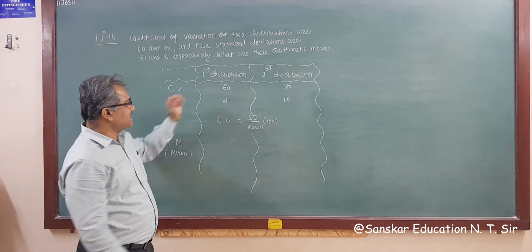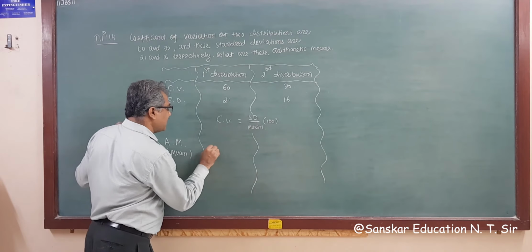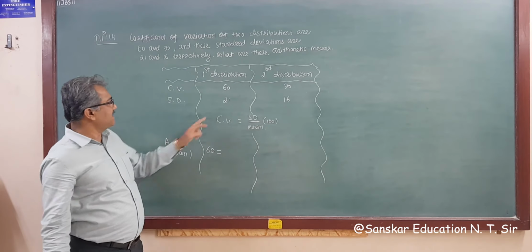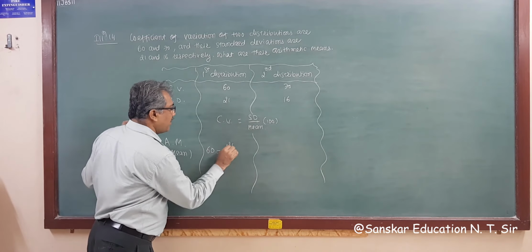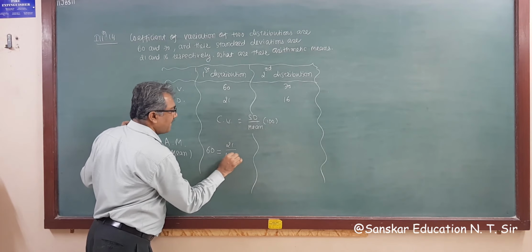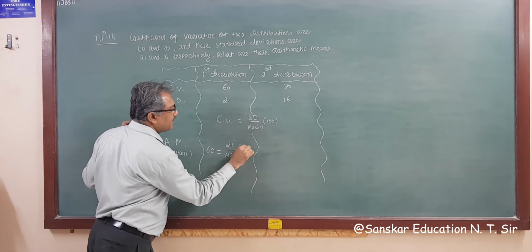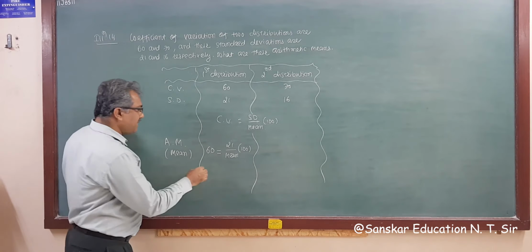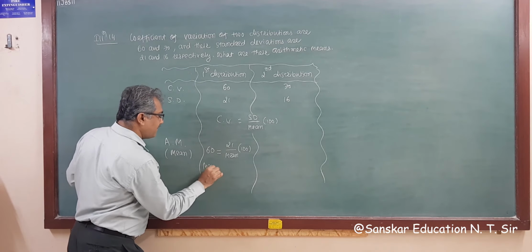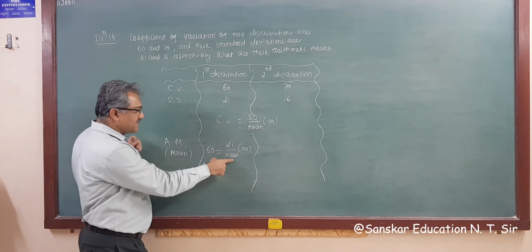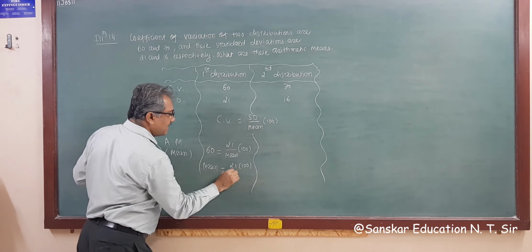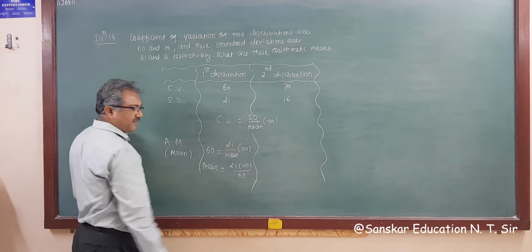Now CV for the first is 60. So 60 is equal to standard deviation 21 upon mean into 100. That means mean is equal to, making mean the subject, 21 into 100 divided by 60.